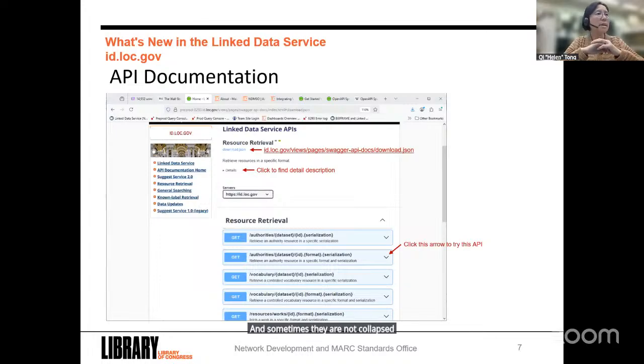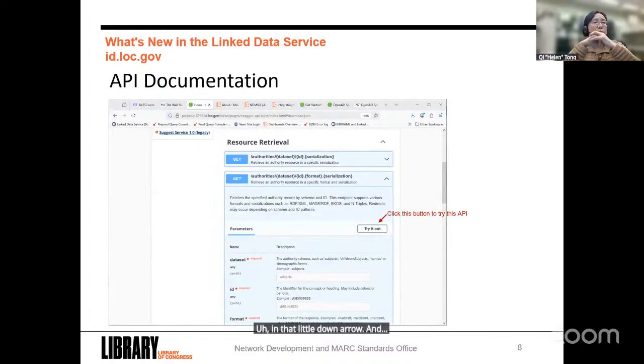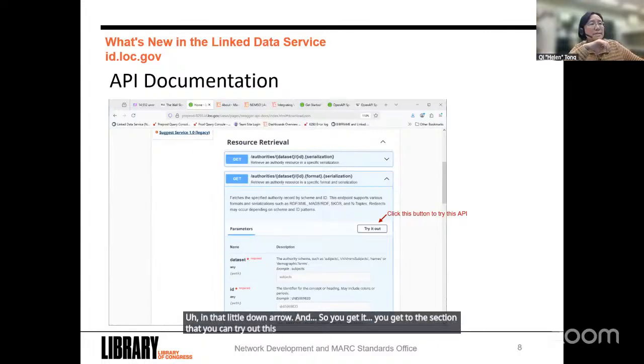If you click on the arrow on the details, you'll see a description. If you want to try the API through this portal, you can click on one of these paths, as they're called in Swagger, with the little down arrow, and you get to the section where you can try out this API.